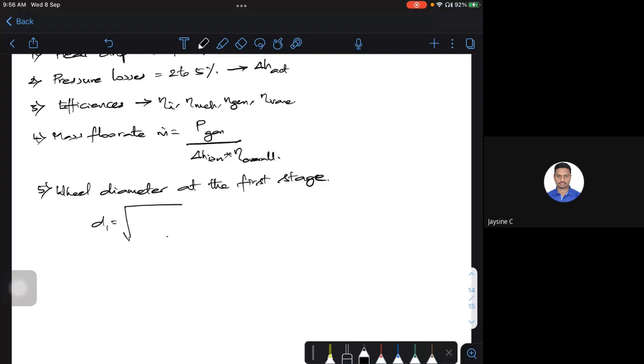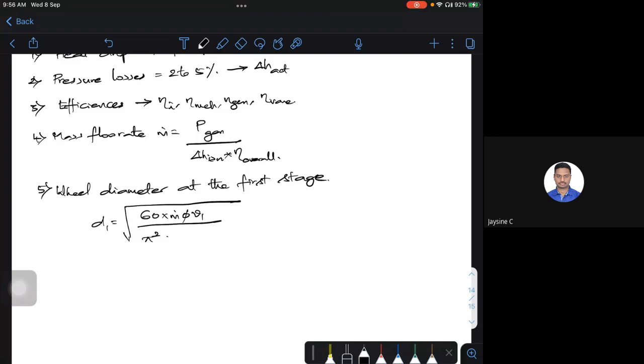You have this particular formula which depends on maybe pi D N by 60. It is 60 times your mass flow rate, your speed ratio, your specific volume, divided by pi square into the length, the length at the inlet.